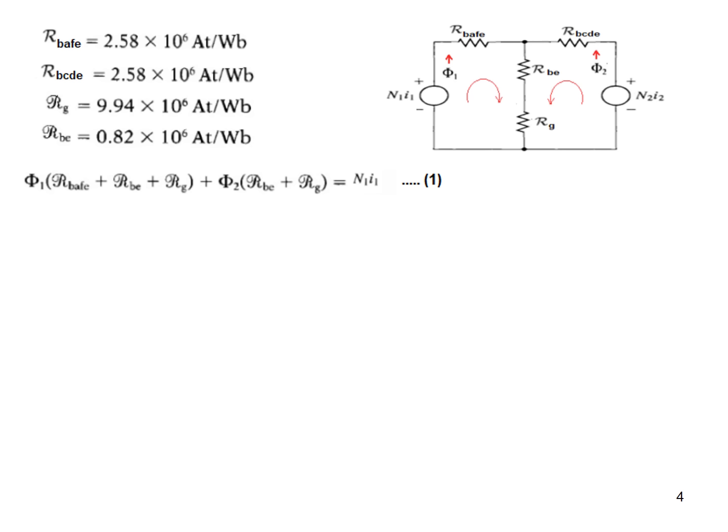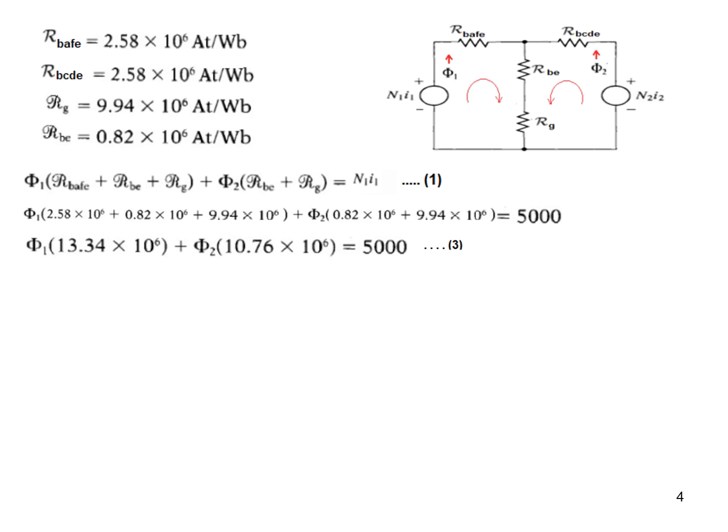Okay, so we had all these values, and now we'll plug into equation number 1. So plugging in, I hope you can plug in all the values here. Solving, this is our equation number 3.